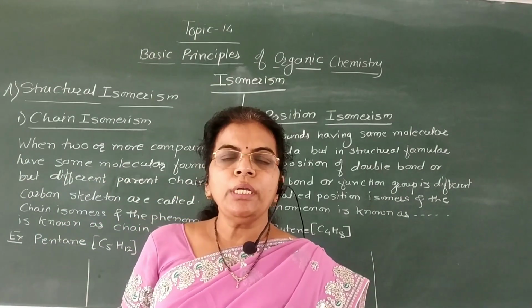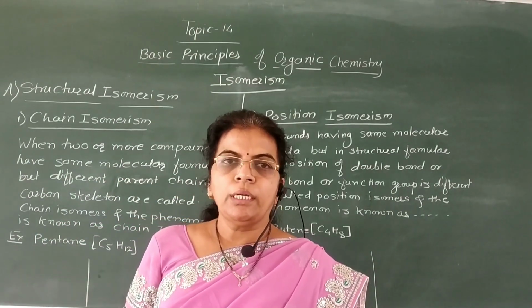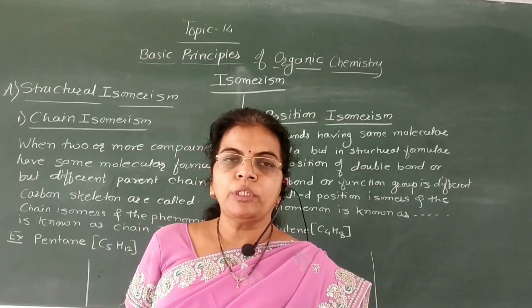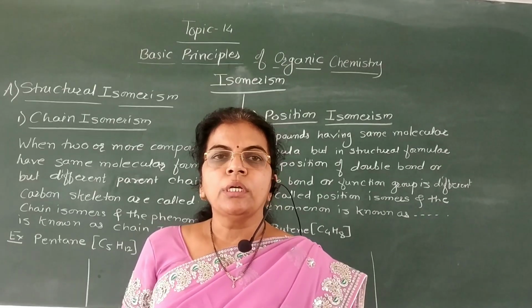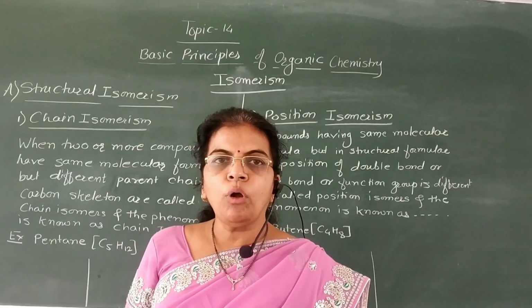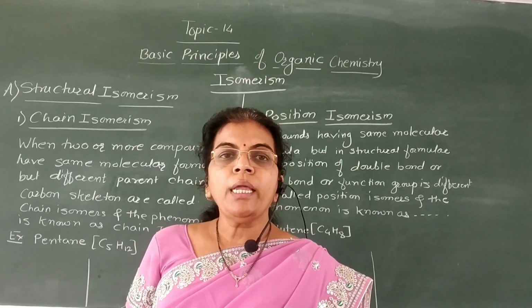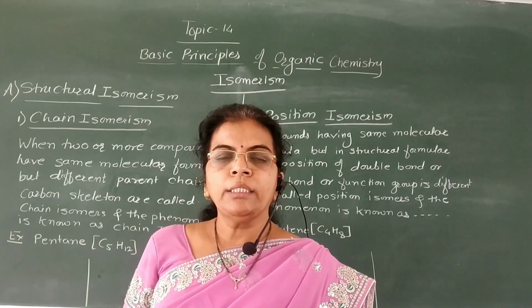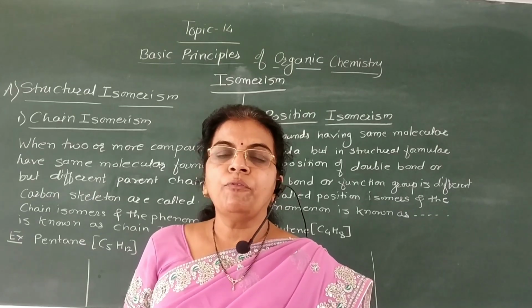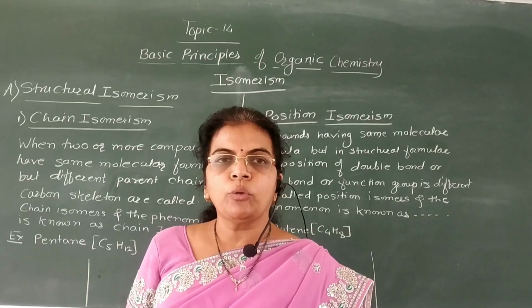First we are going to see the structural isomerism, that is, types of structural isomerism. Now the structural isomers are the compounds having the same molecular formula but different structural formulae. They are called structural isomers and the phenomenon is known as structural isomerism.